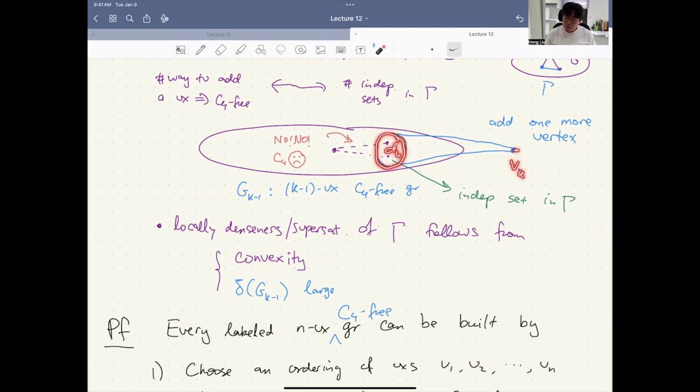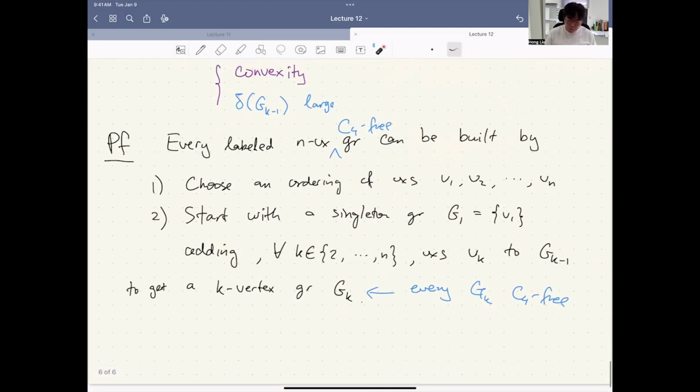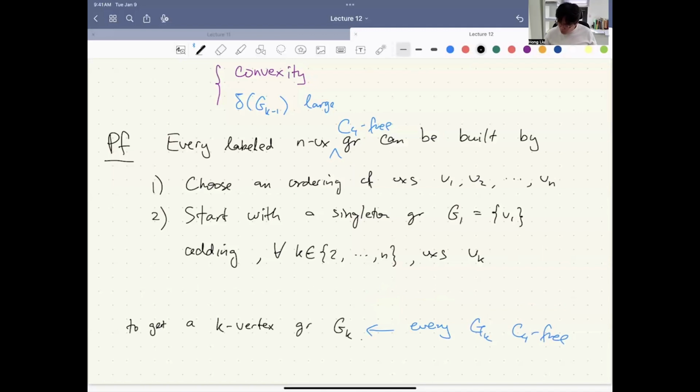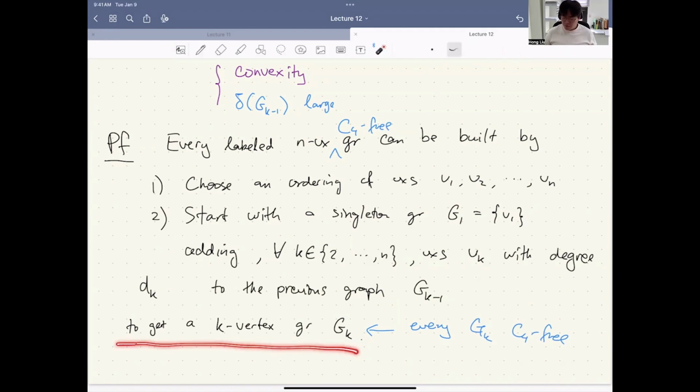You fix some number of neighbors for it to be adjacent to, and add Vk with degree dk to the previous graph G_{k-1} to get this k-vertex graph Gk.